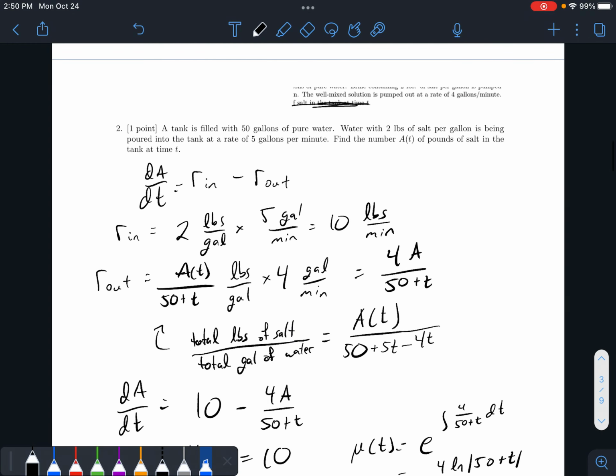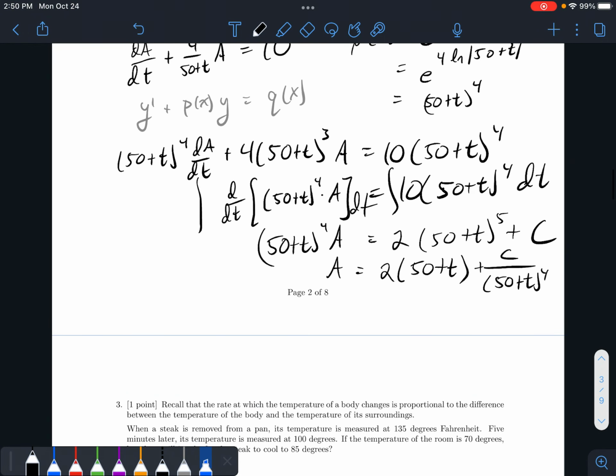And then you just need to figure out what C is. How do we figure out what that is? Well, we have our initial condition of A of 0 is equal to 0. And so we can say 0 is equal to 2 times 50 plus 0, plus C over 50 to the 4th.